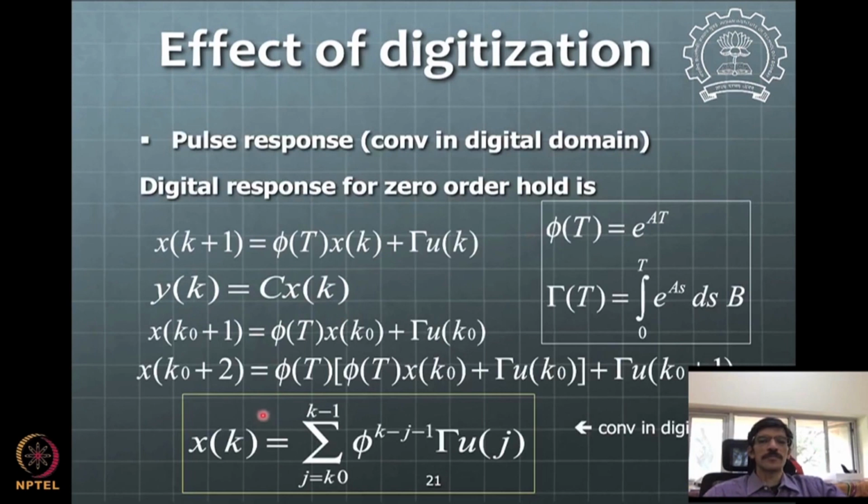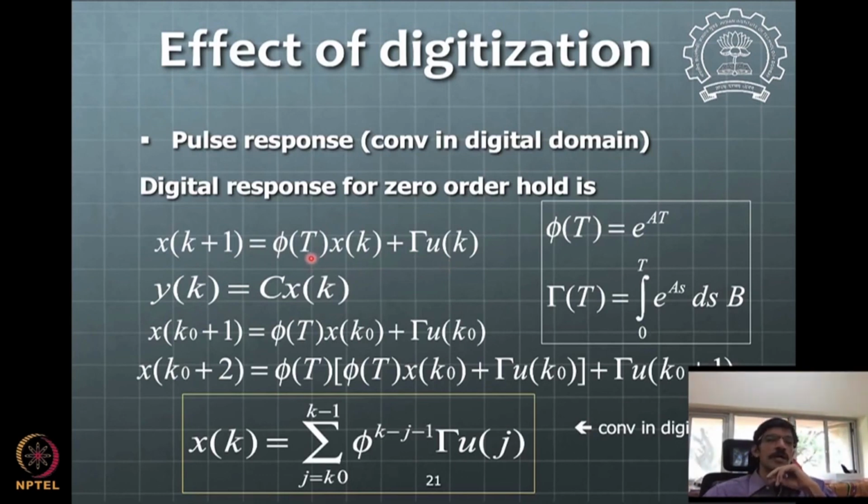The system in the discrete domain is x of k plus 1 is equal to phi of T x of k plus psi of u of k. Now look, this phi and psi are constant matrices.